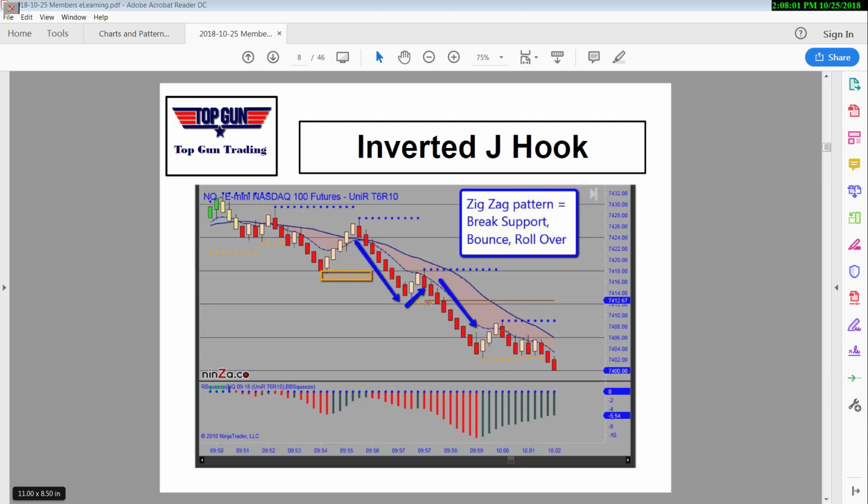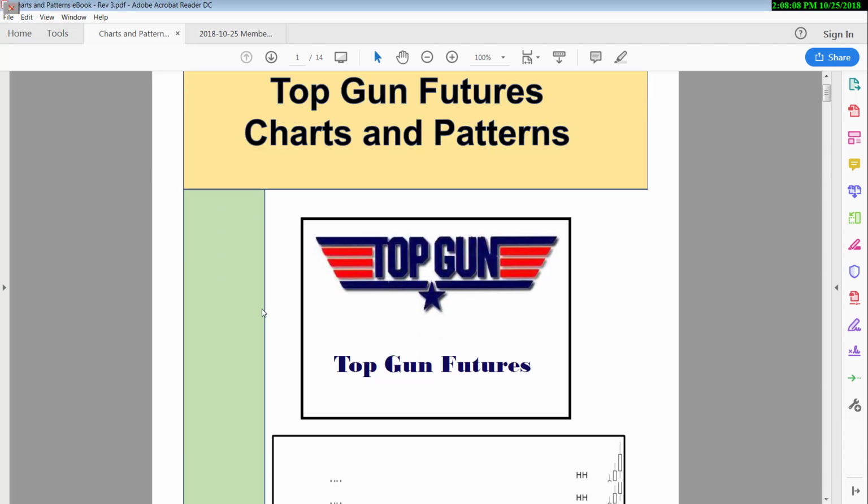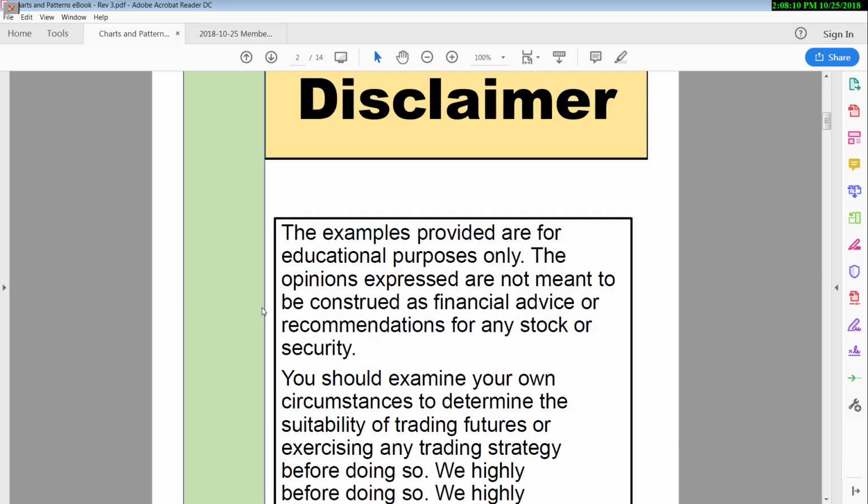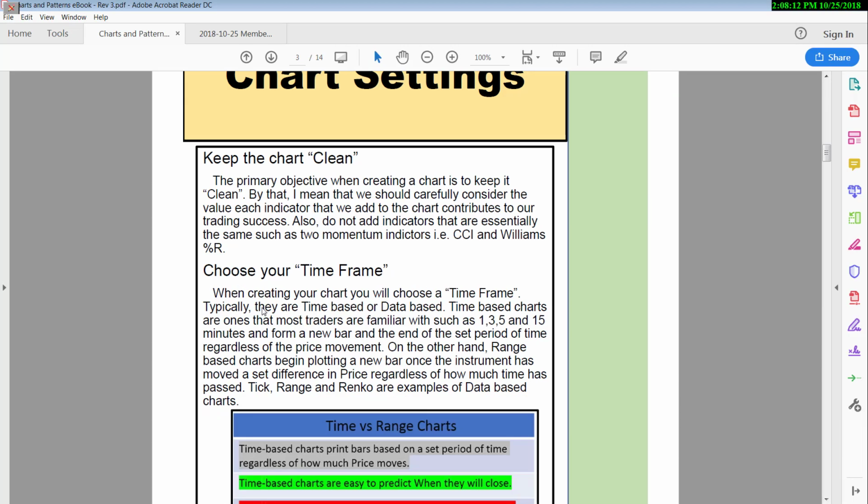They're also applicable to both stocks and futures. And what I'll do is I'll talk about keeping the chart clean. Make it as clean as possible. Don't have any unnecessary indicators or anything else cluttering your chart. If you're not using it at the top of your usage list, get rid of it.